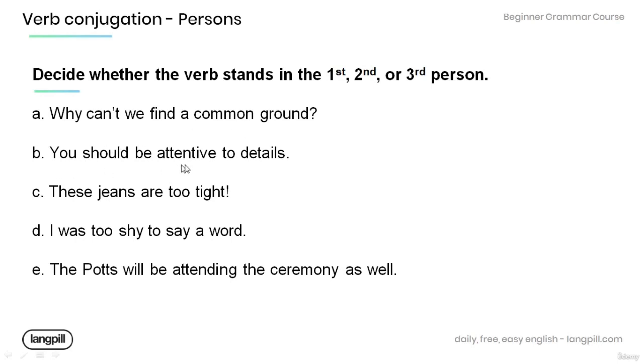B. You should be attentive to details. C. These jeans are too tight. D. I was too shy to say a word. E. The Potts will be attending the ceremony as well.